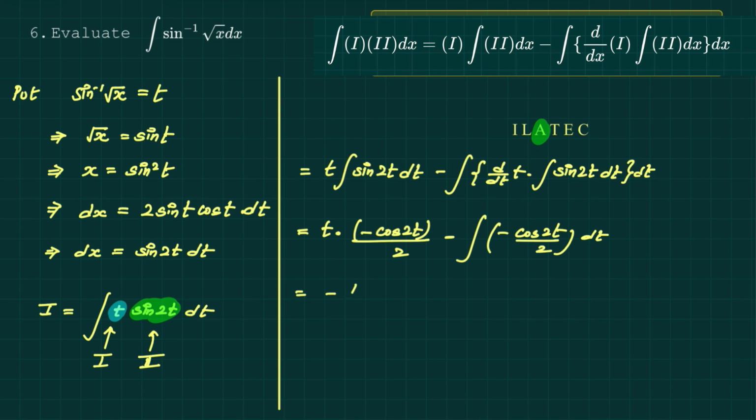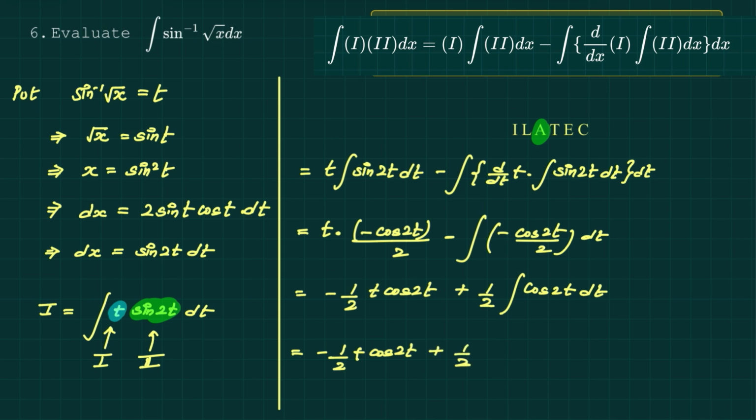This equals minus 1 by 2 t cos 2t plus 1 by 2, as it is a constant, integration of cos 2t dt, which equals plus 1 by 2, integration of cos 2t is sine 2t by 2, plus c.